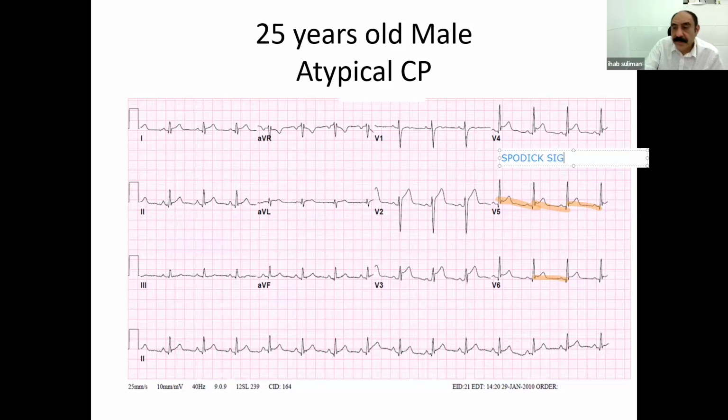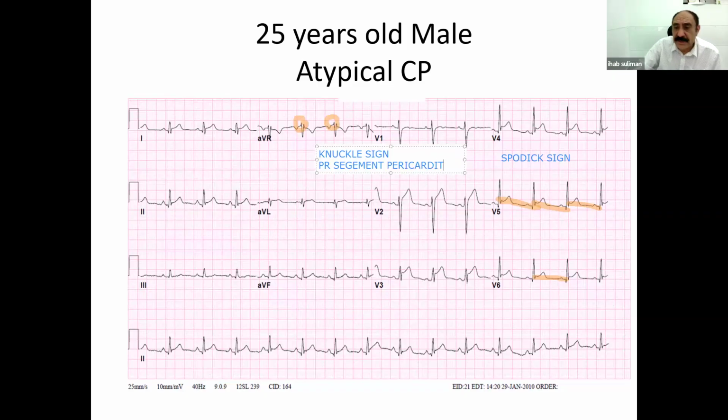And the other one is the PR segment elevation in AVR, called knuckle sign. Some people believe the PR segment elevation in AVR is very diagnostic of pericarditis.